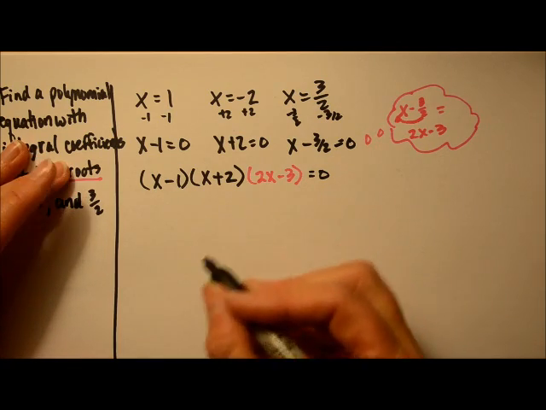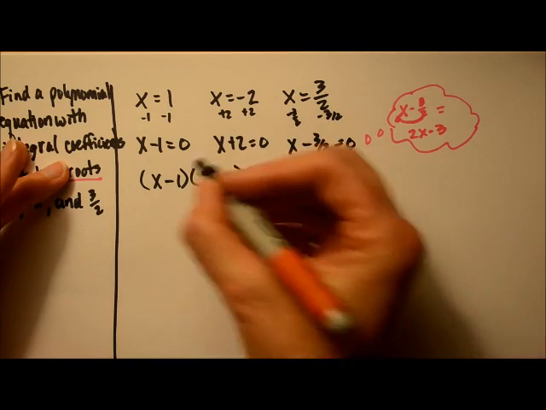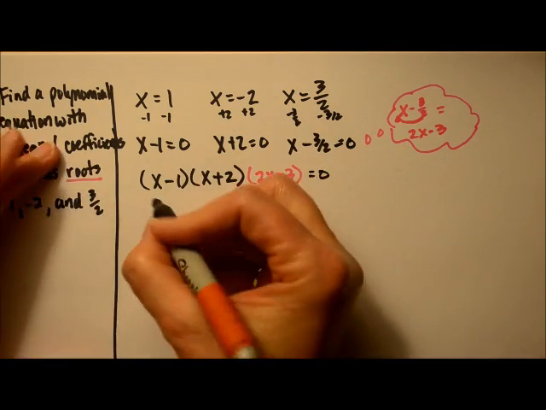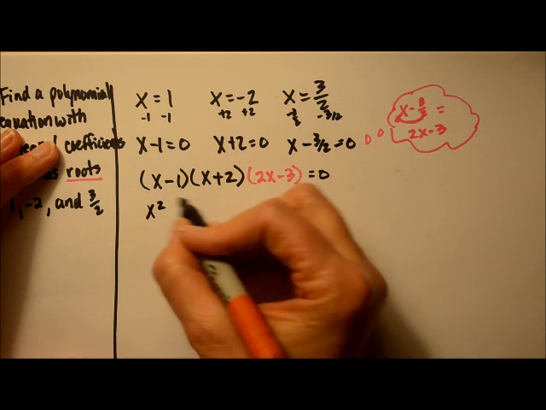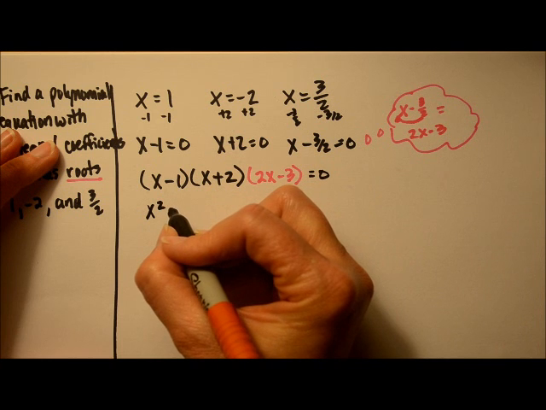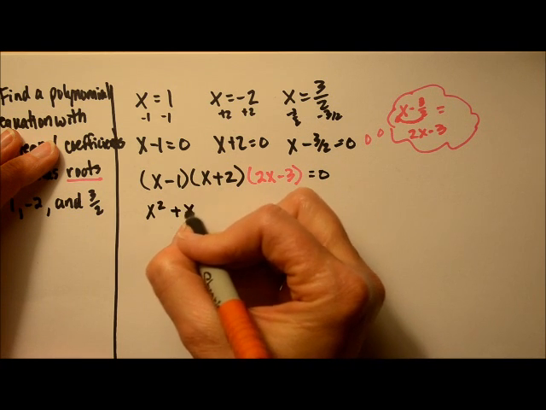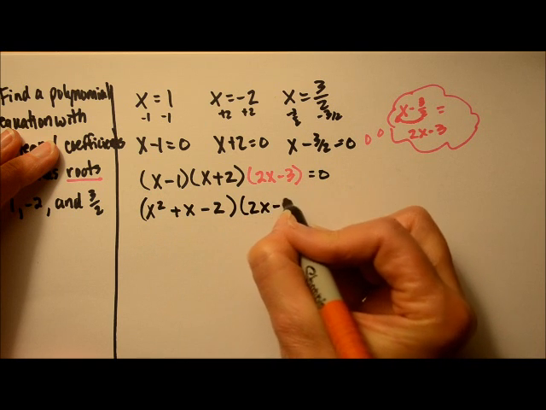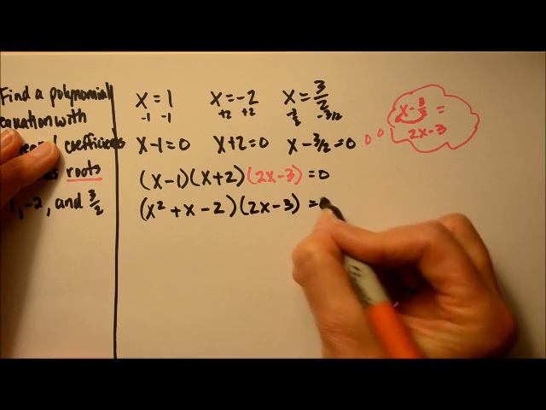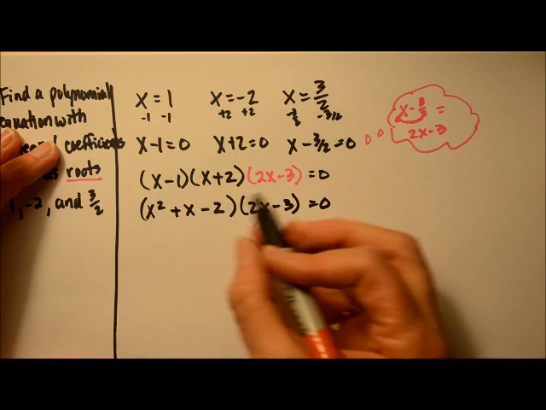Multiplying this together, I'm just going to pick 2 of them to start with. So I would have x squared, negative x plus 2x, that's going to give me a plus x minus 2, and then I'm going to multiply that by this other factor.